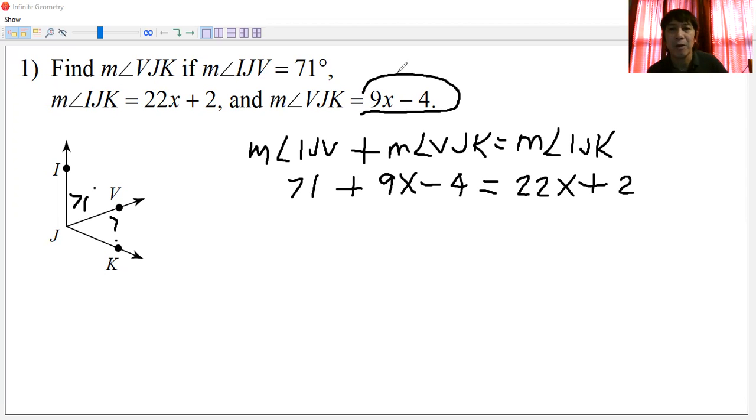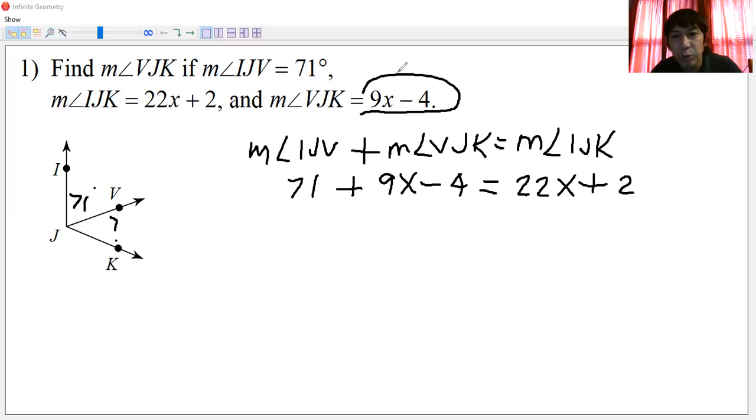Now we have the algebraic equation, a linear equation that we can solve, and then we're going to find the value of x. Once we have the value of x, then we can actually solve for the requirement VJK. So we have here the given equation, and we're going to solve this.